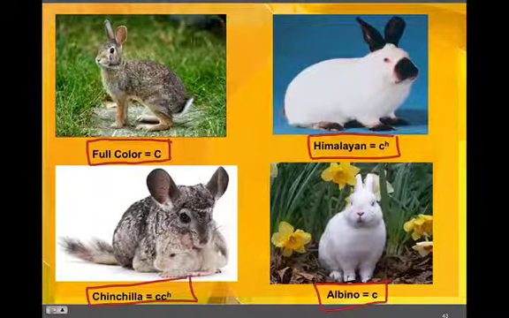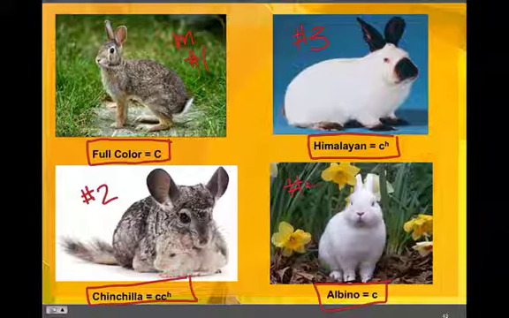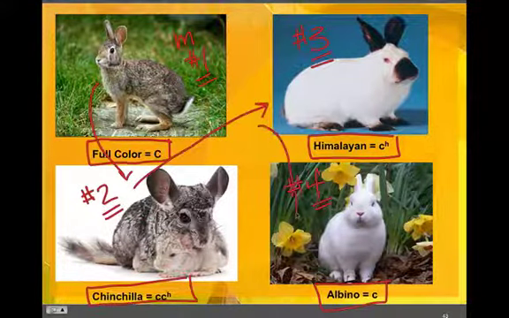And they start with, this is most dominant, this is number 1, this gets to be number 2, this gets to be number 3, and this gets to be number 4. As far as this is most dominant, second, third, and fourth. And if you look at the rabbit's color, you can see where certain colors are disappearing as you move through the different fur colors.